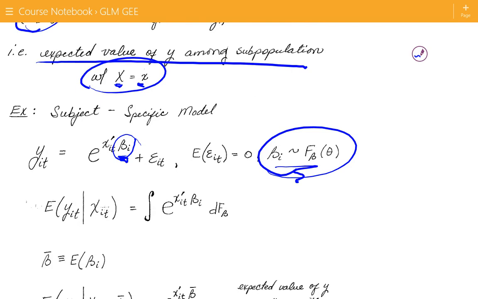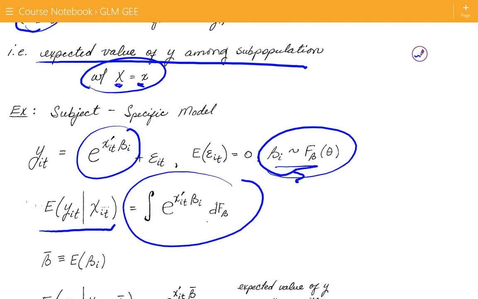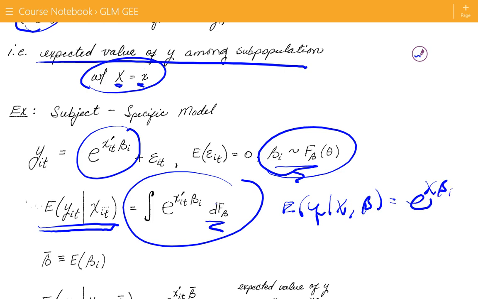So in that sense, then the expected value of y_i given x is not e to the x_it beta_i, but you have to integrate across the distribution of the beta_i's in order to get the expected value of y given x, noting that the expected value of y given x and any particular beta value would be e to the x_it beta_i.